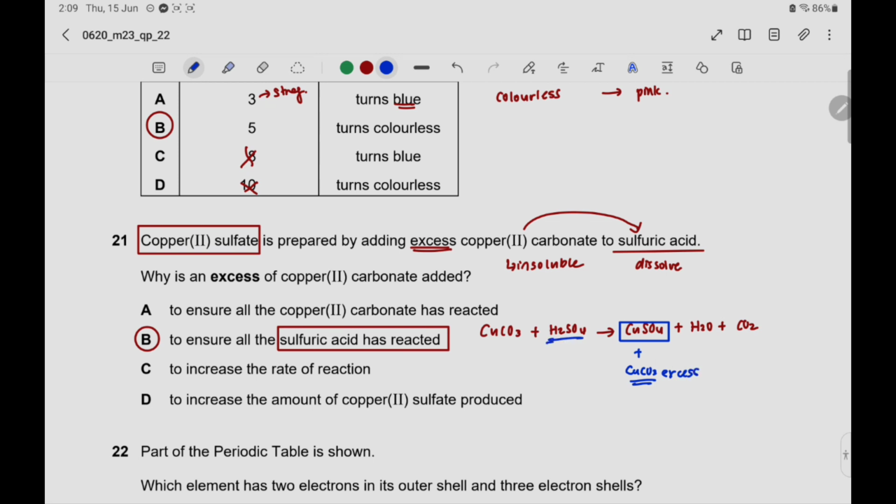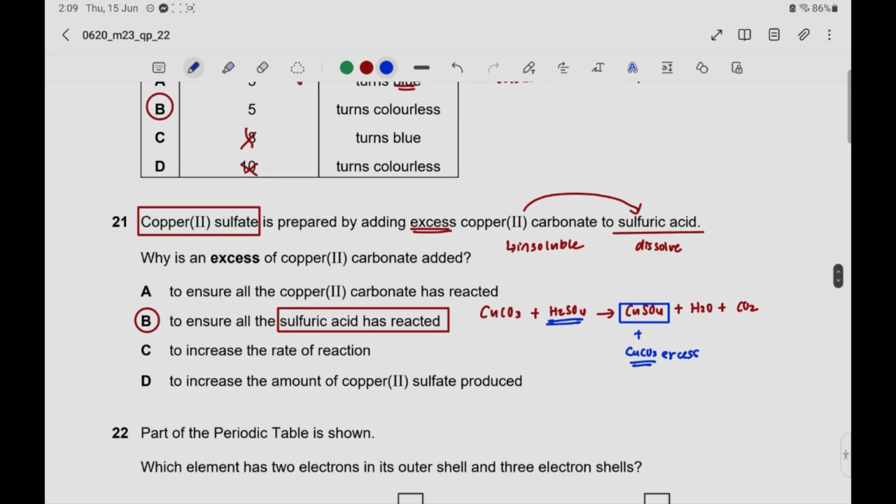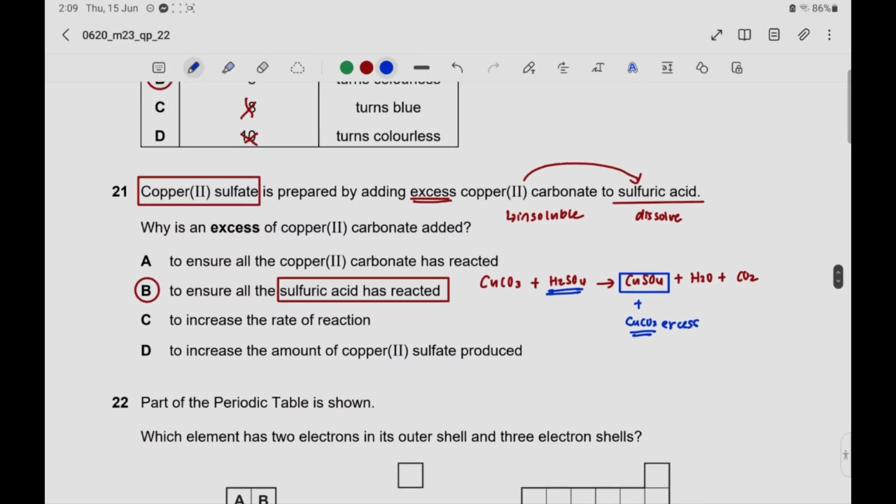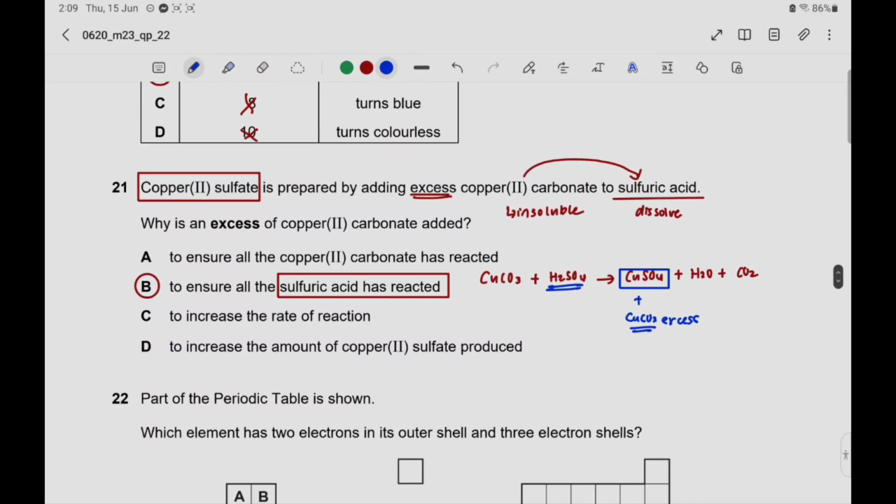So I want the acid to fully react. Today, I want to make sure that my water fully dissolves my sugar. Also, I add sugar in excess, right? And when the water is unable to dissolve anymore, that is a saturated solution already, right? So all the excess is my sugar. So I want my water to fully dissolve so I can get the sweetest water, right?